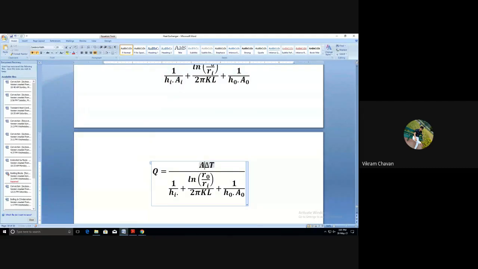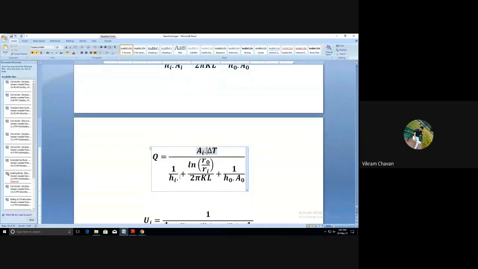So here the ai term will be vanished. Now since we took 1 upon ai common, here we will have to multiply by ai. Ai multiplied by ln of, and here there is no ai term, so what happens? Since 1 upon ai is taken common, we have to multiply the numerator by ai, the inner surface area. So you will get an equation like this.